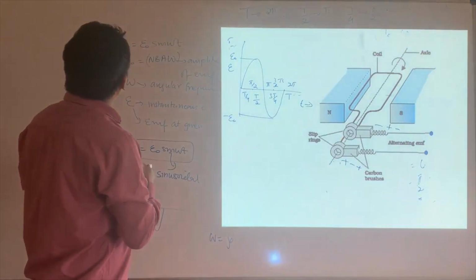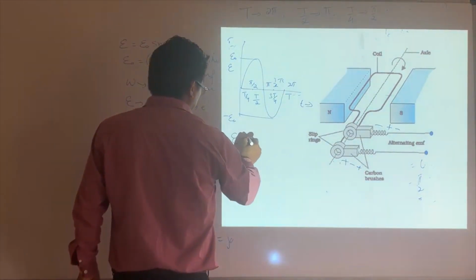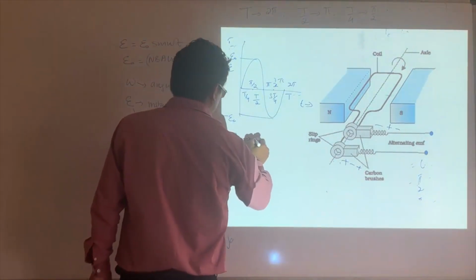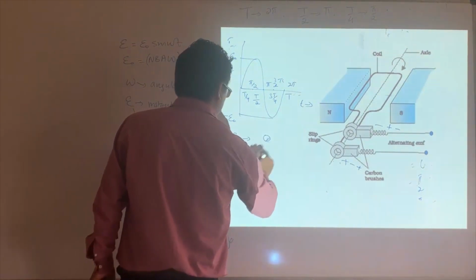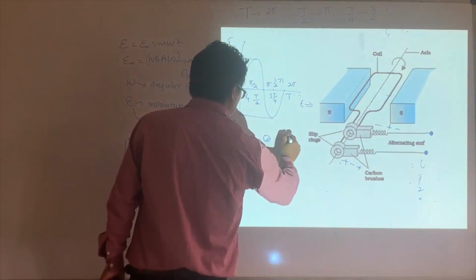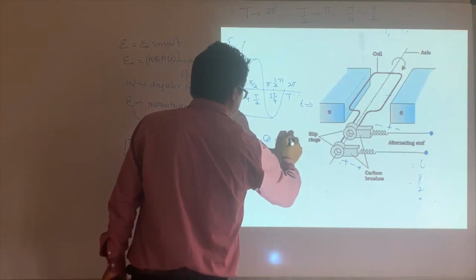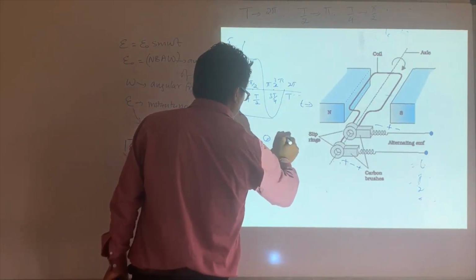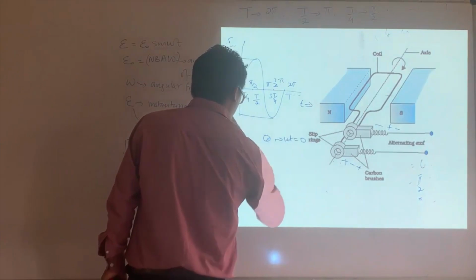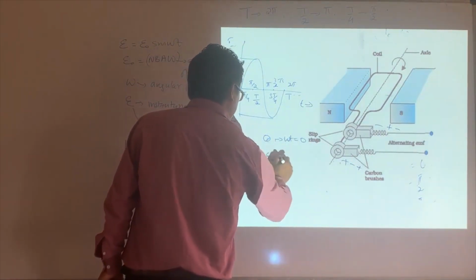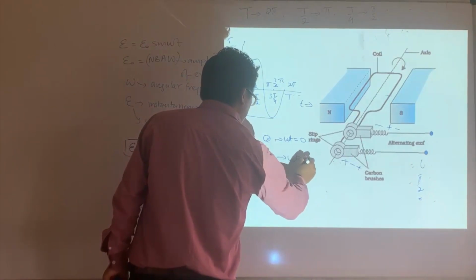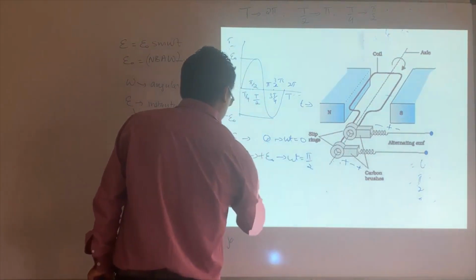That means E is 0 for omega t equal to 0. It is equal to plus E naught for omega t equal to pi by 2.